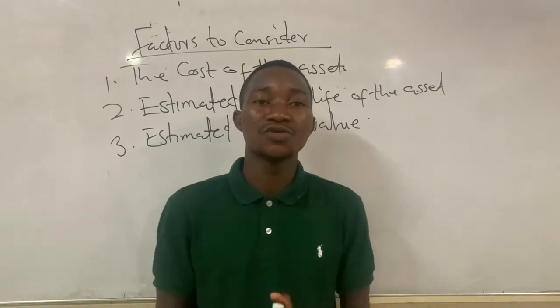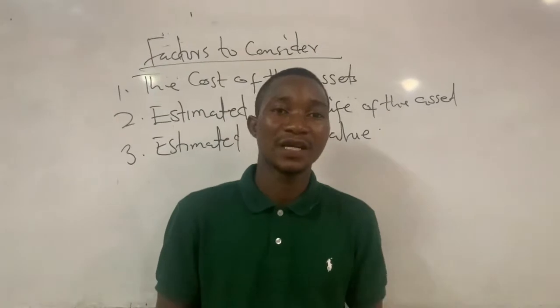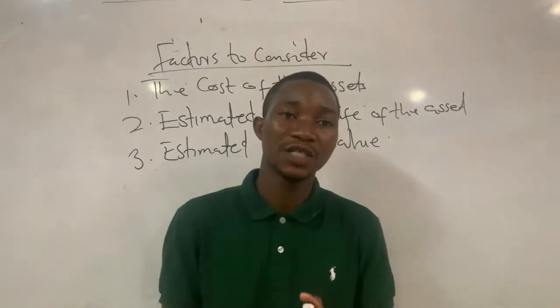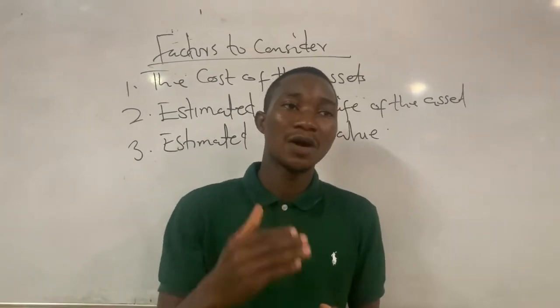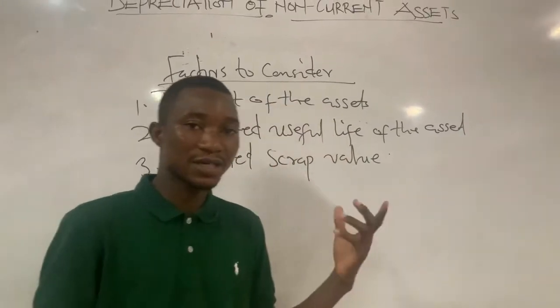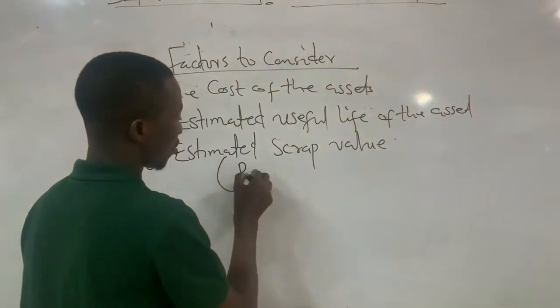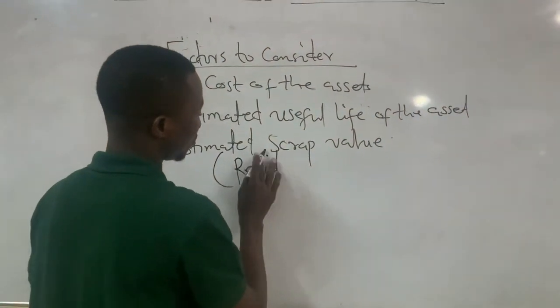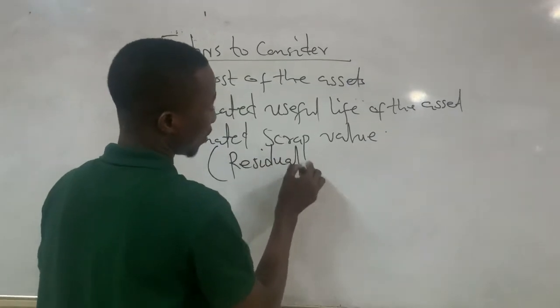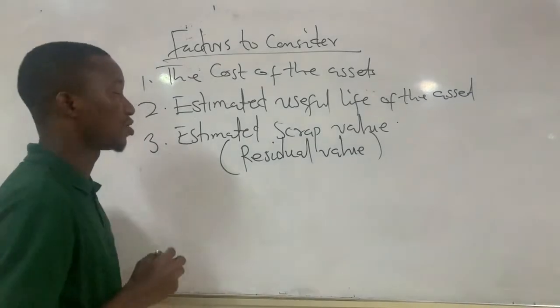So when we expect to use the asset for 5 years, and we've actually taken all the depreciation from the asset, the amount that we think we'll be able to dispose of the asset is the scrap value or residual value. The scrap value is the same as the residual value.